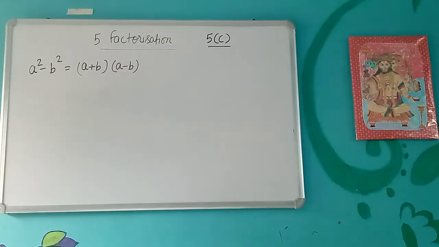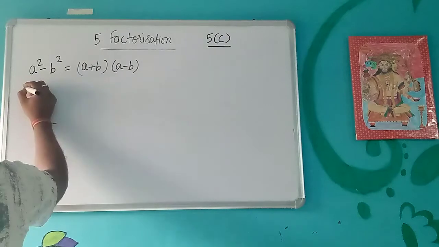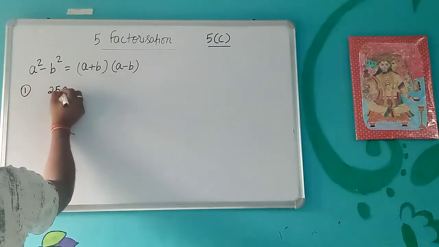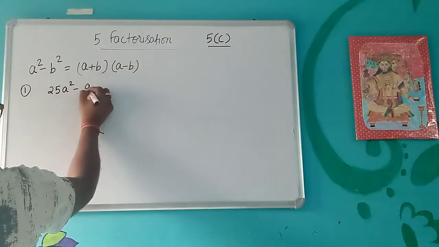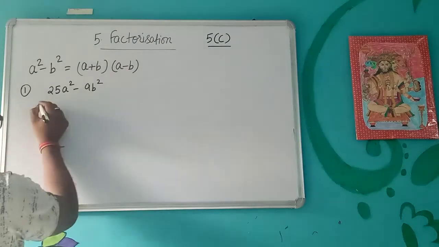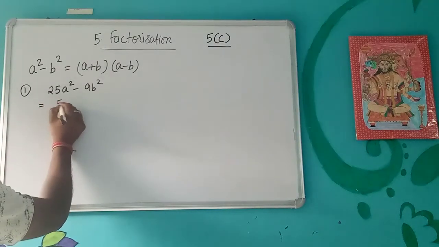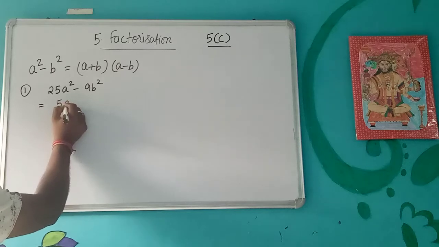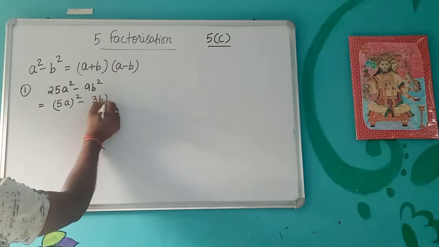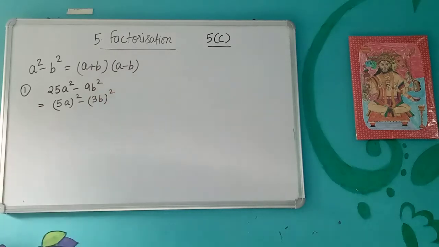So let's see the very first question, which is 25a square minus 9b square. Okay, so if we see very carefully, this we can write it as 5a whole square minus 3b square.